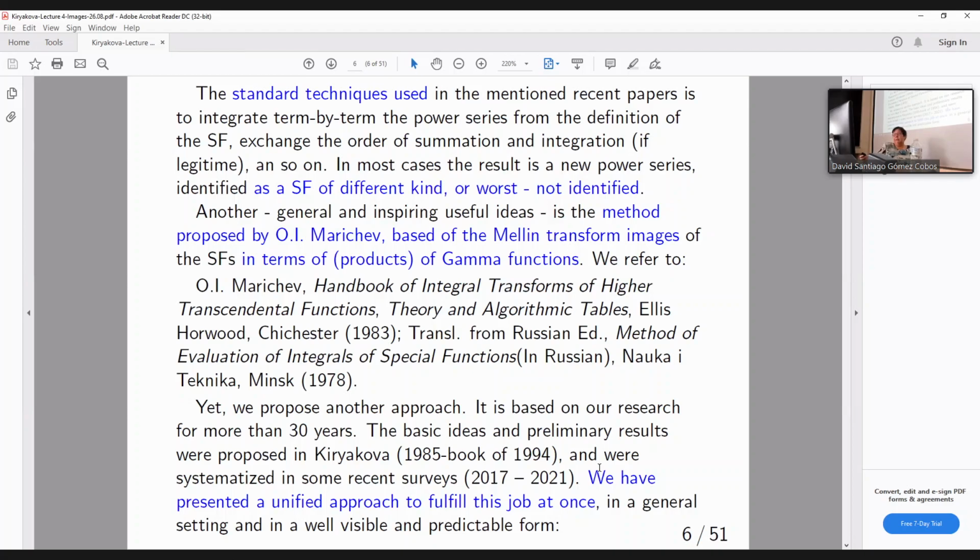I mentioned at first the book in Russian, which was later translated partly. The Russian book is Method of Evaluation of Integrals of Special Functions of 1978, and then it is partly translated as Handbook of Integral Transforms of Higher Transcendental Functions, Theory and Algorithmic Tables.